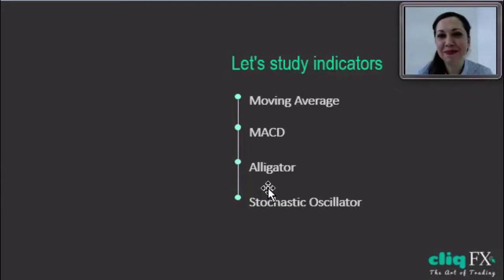Everything has its shortcomings, weak points and strong points, and sometimes traders need to combine a few indicators to make their work more precise. Of course, I will show you how we combine these indicators.